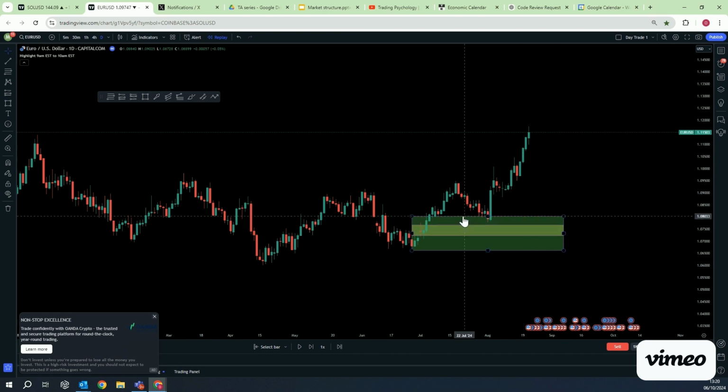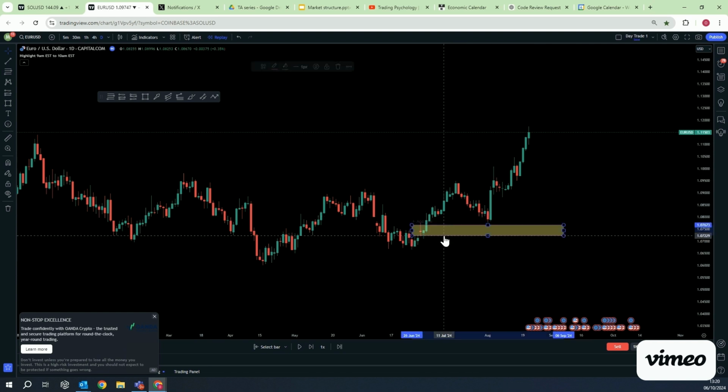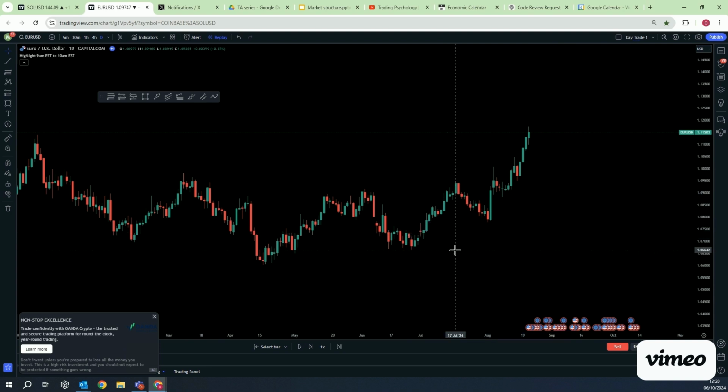Okay, and then the other one I wanted to talk about was the Fibonacci extension tool. Let's have a look at the Fibonacci extension. What this does is essentially show you how far the price could extend if it were to move. If the retracement is successful, how far could the price extend? So let's have a look at that now.